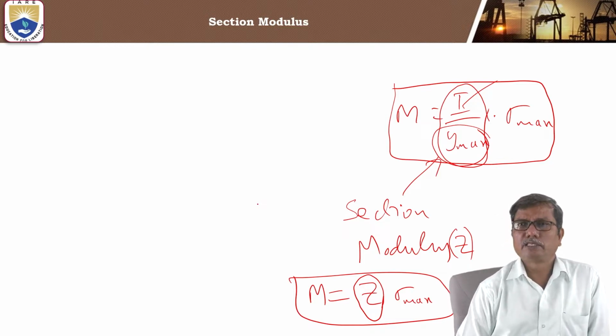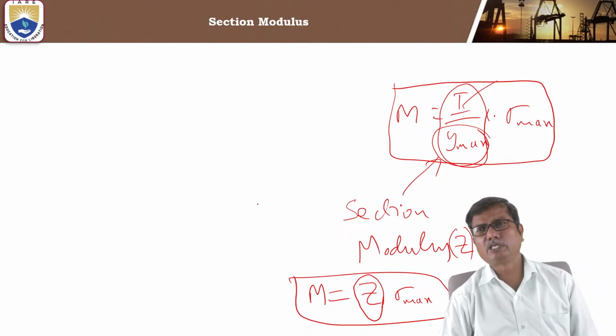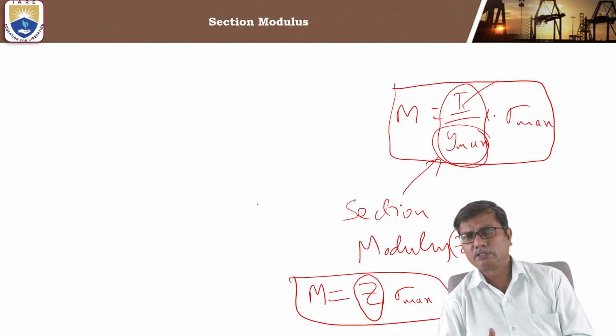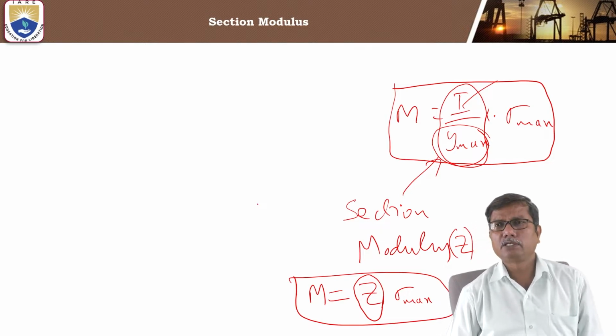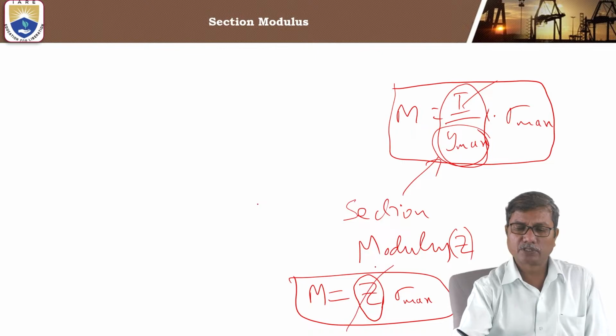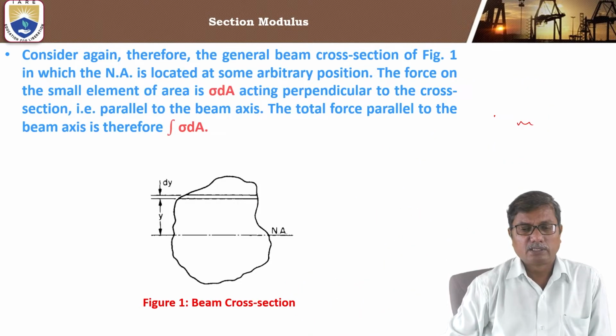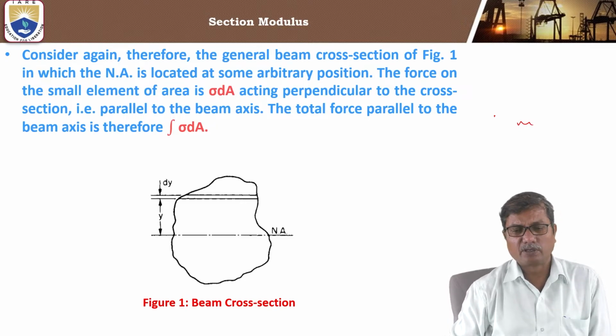So finding it for different cross sections will be of importance in finding out the bending strength of the given cross section. Okay, so now let us see sections. Already we have seen this in the last session.